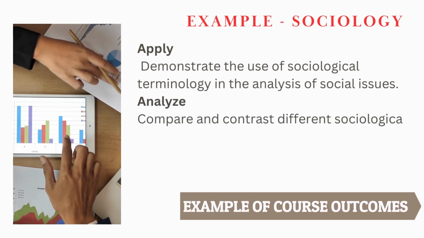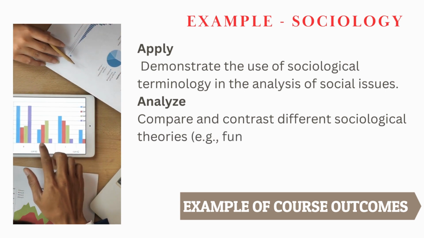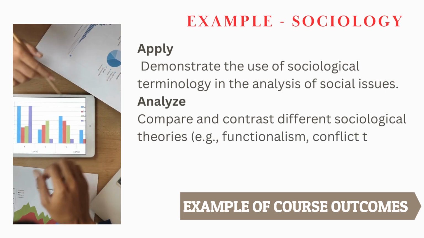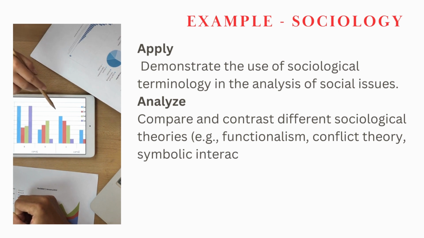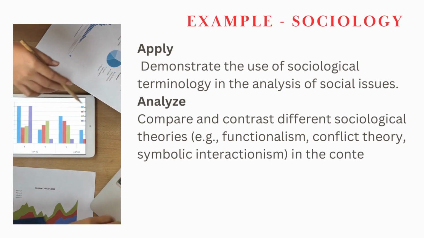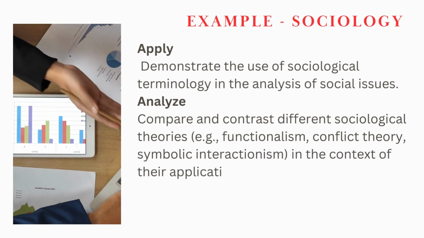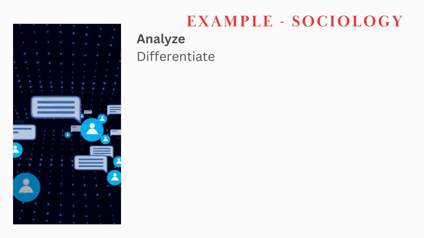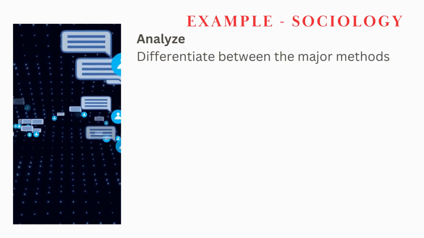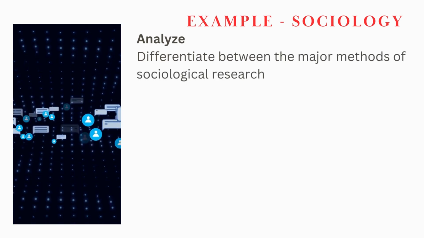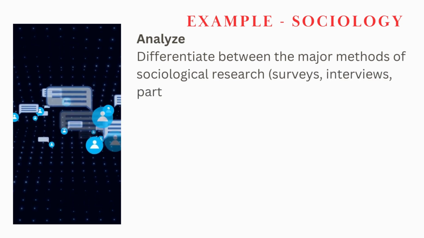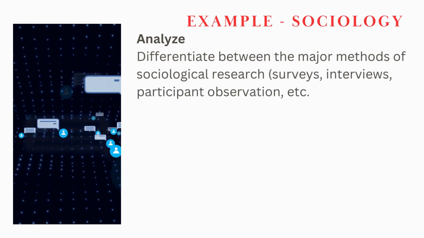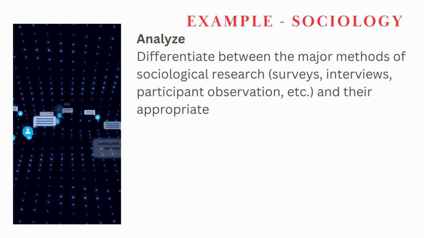Compare and contrast different sociological theories, for example, functionalism, conflict theory, symbolic interactionism, in the context of their applications to modern societies. Analyze. Differentiate between the major methods of sociological research, surveys, interviews, participant observation, etc., and their appropriate uses.